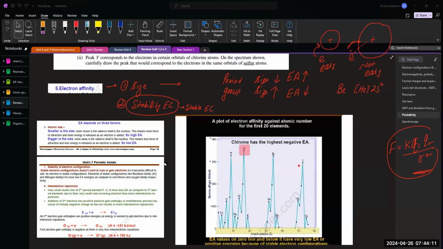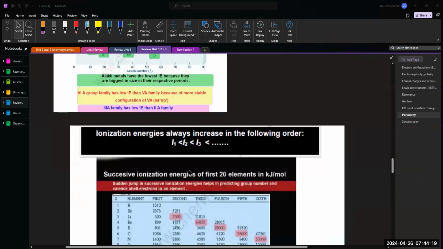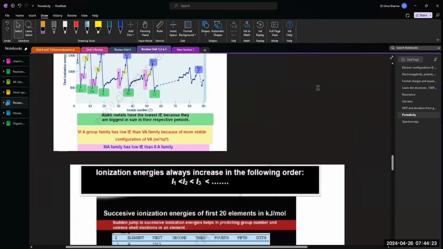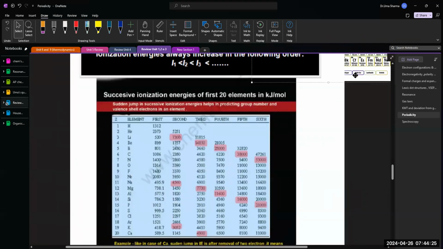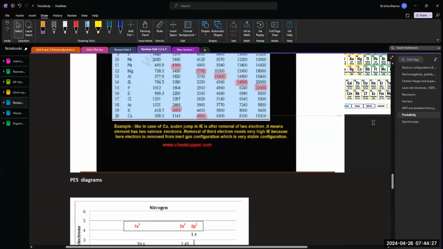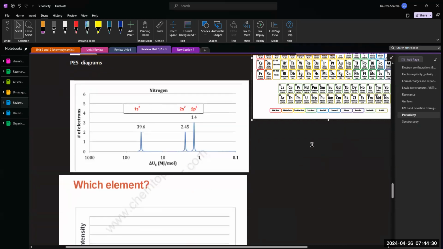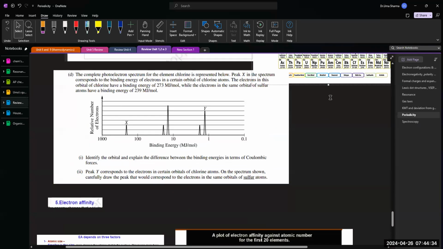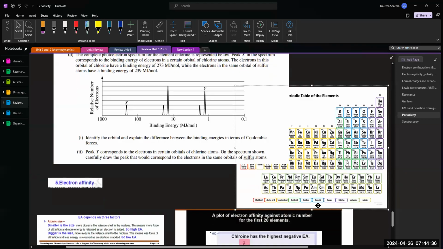So before we start discussing more about electron affinity, let's go to the periodic table. We are going to work with two factors, right?